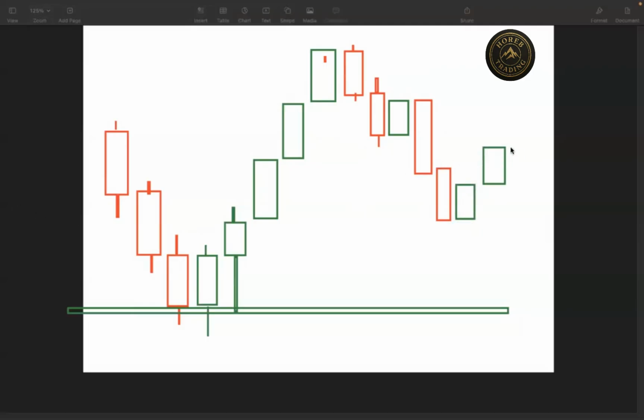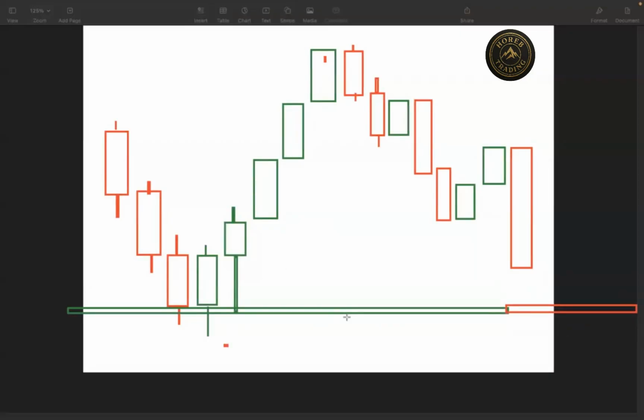When price comes to this level, we have a rejection, but make sure that this level has three rejections before, and we have an increase of volume on the buyer's candle. So the level is respected.